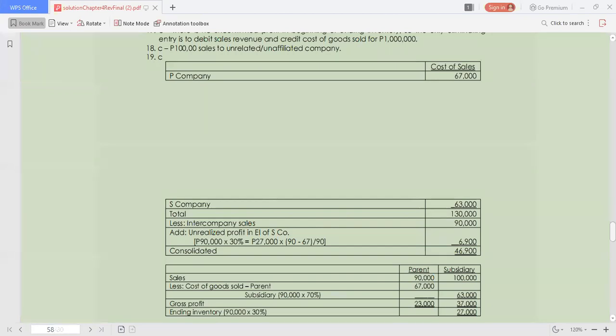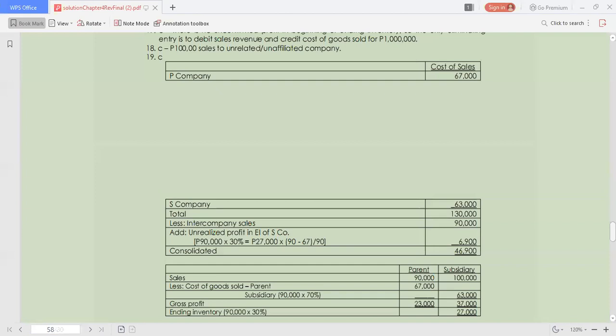So if you have 90, that's sales price minus the cost of 67, and then we have the selling price of 90. So we have now the 27,000, and you multiply that by the ratio. So we now get the amount of 6,900. That's for the unrealized profit in the ending inventory of the parent, actually the parent.